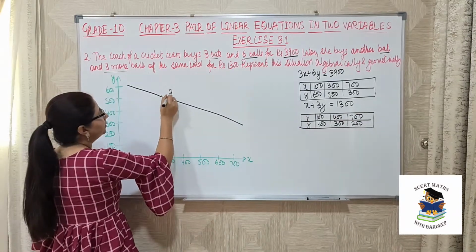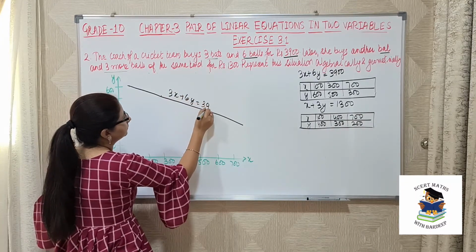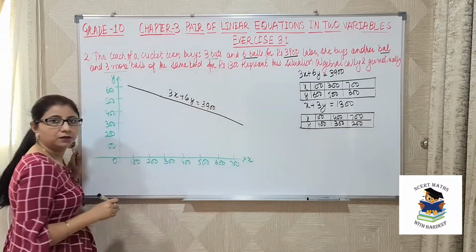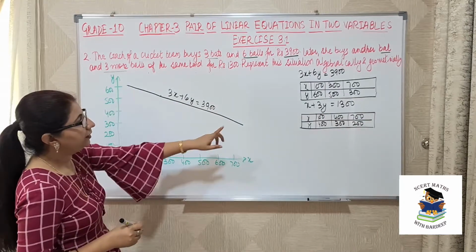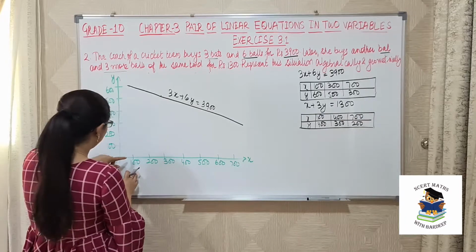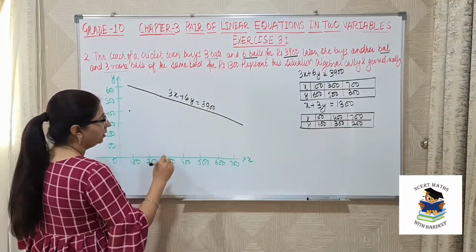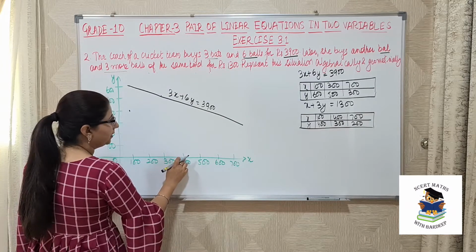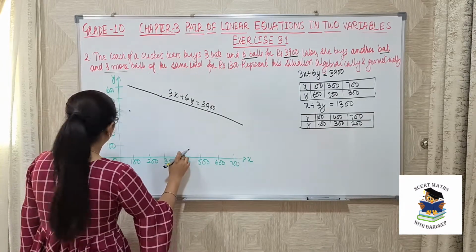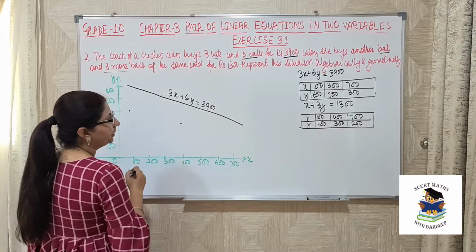So we will write the equation here. Okay, second thing is 100 and 400. For second equation, 100 and 400. So somewhere here. For 400, this is 300. So for 400, 300, this point.